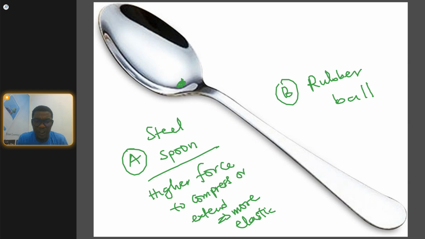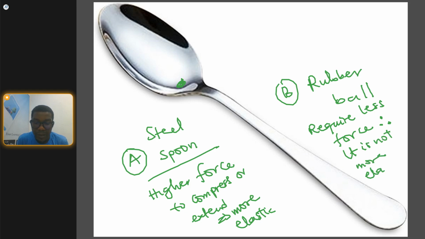It's easy to stretch it. So this requires less force. Therefore, it is not more elastic. It is not more elastic than steel.